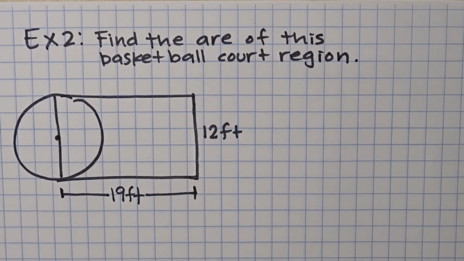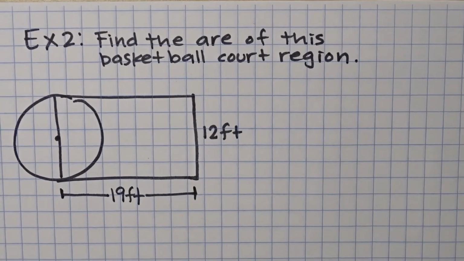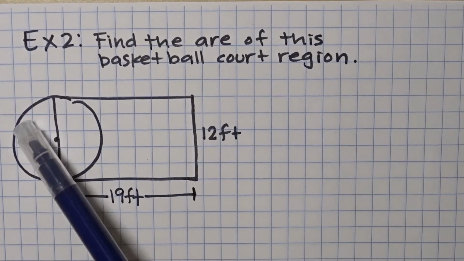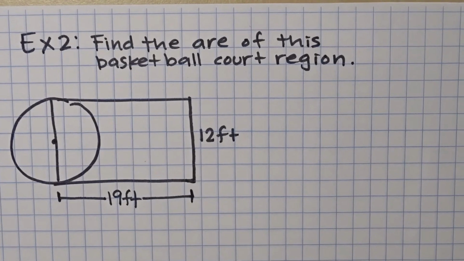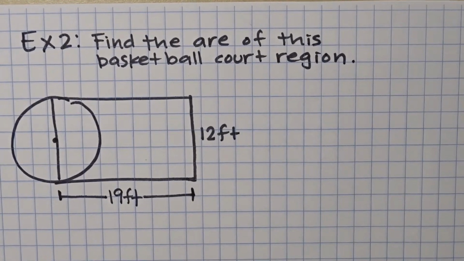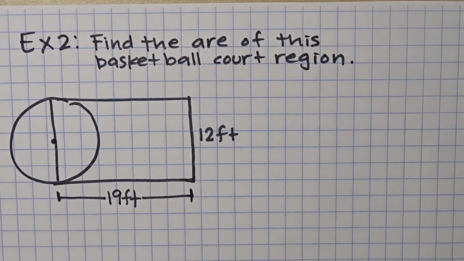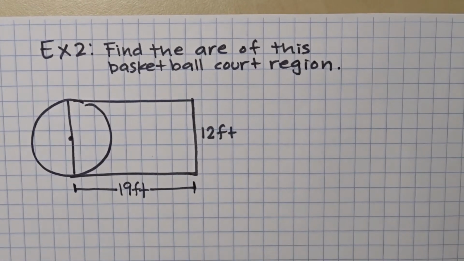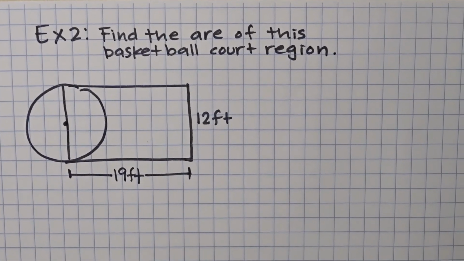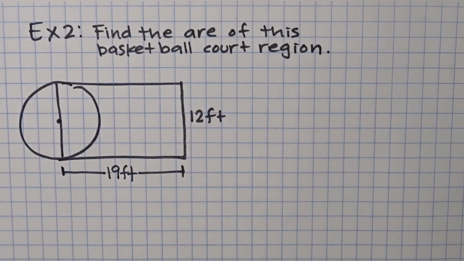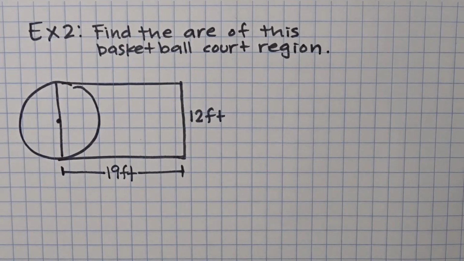So, what are the ideas? What shapes do you see? How would we get the entire area, the region inside of this whole court? Right, so if you're thinking that you see a circle and a rectangle, you're partially correct.